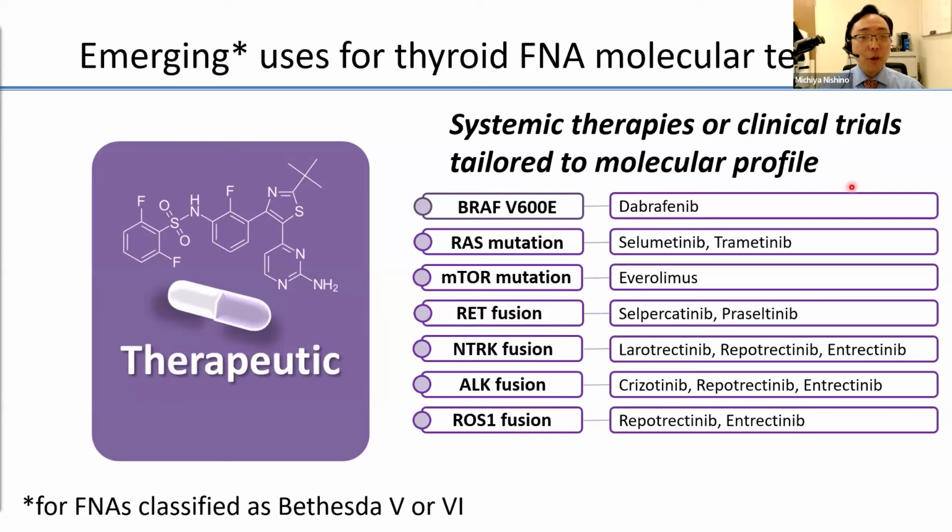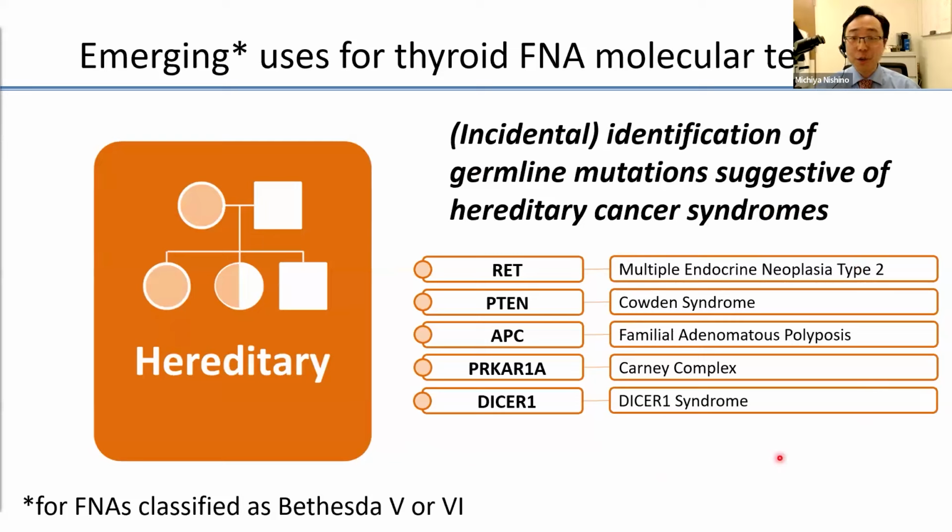And finally, although thyroid FNA-based molecular testing is primarily intended for the detection of somatic alterations in tumor cells, these tests may incidentally identify germline mutations suggestive of hereditary cancer syndromes as well, including those that are listed here. And although this is really not the main purpose of thyroid FNA molecular testing, just being aware of the genotypes and the clinical phenotypes of these syndromes can help prompt genetic counseling, further evaluation for germline testing, screening of these patients for any associated tumors, and even consideration of testing of relatives as the current guidelines for these hereditary cancer syndromes may indicate.